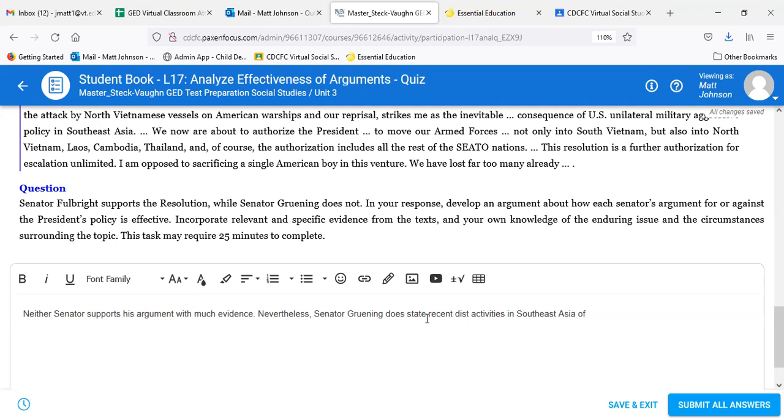These are disturbing activities in Southeast Asia by U.S. armed forces and North Vietnam aggression.